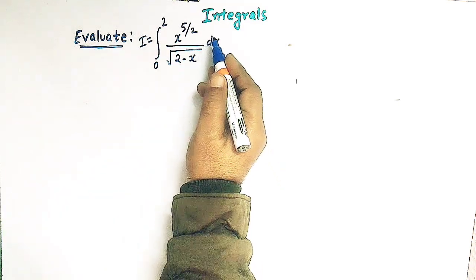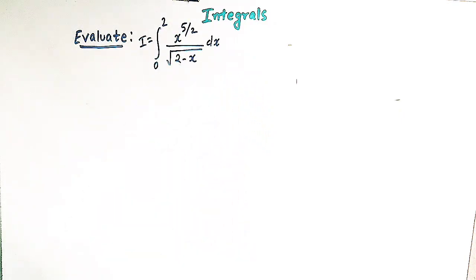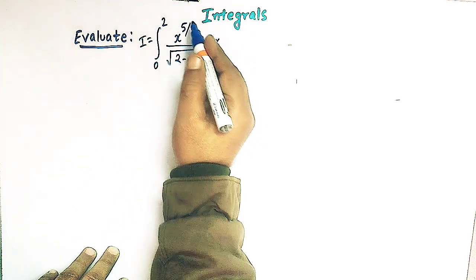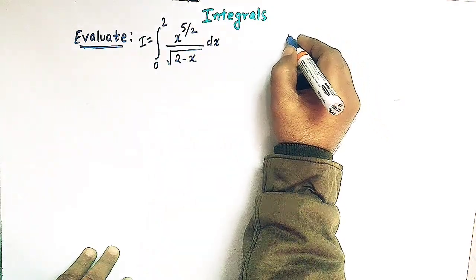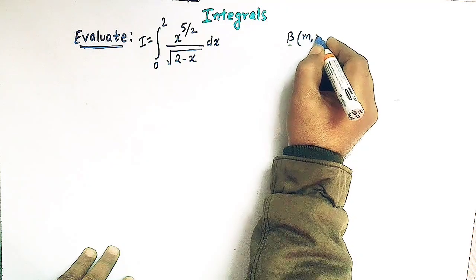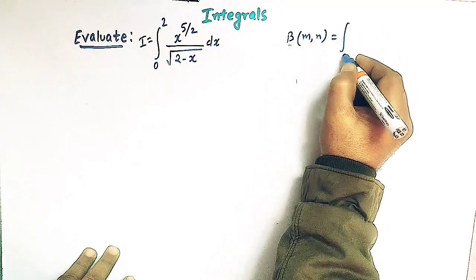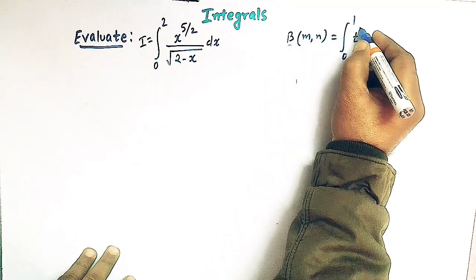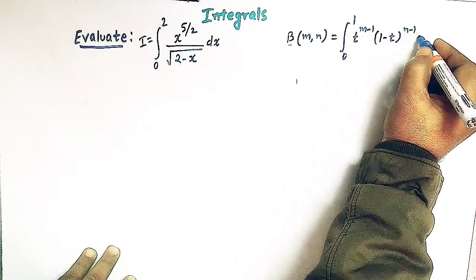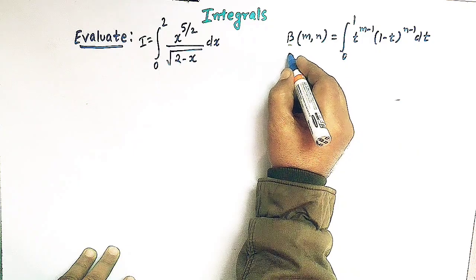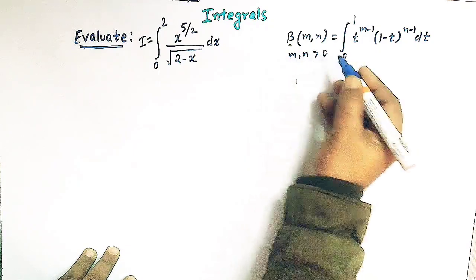Now here what we will do, we will first make use of the method of substitution, right? And by using the method of substitution, we'll convert this integral into this form, that is the beta function, that is beta(m, n) is given by the integral 0 to 1 t raised to m minus 1 and 1 minus t raised to n minus 1 dt, where m and n are greater than 0.